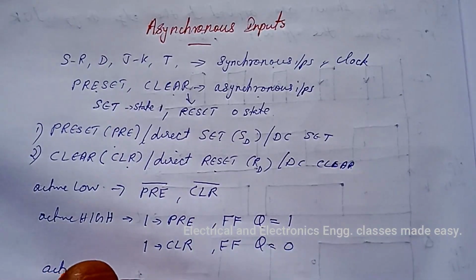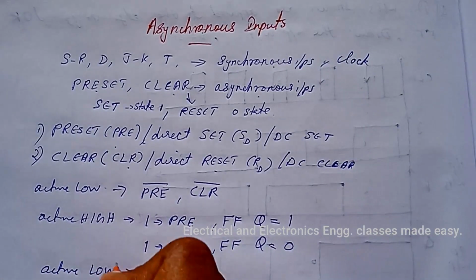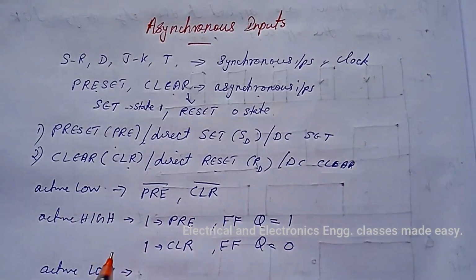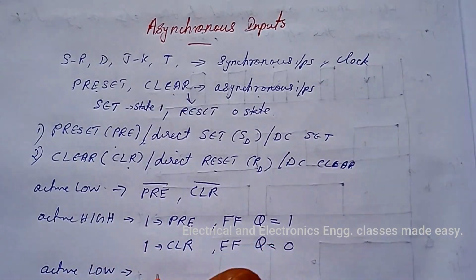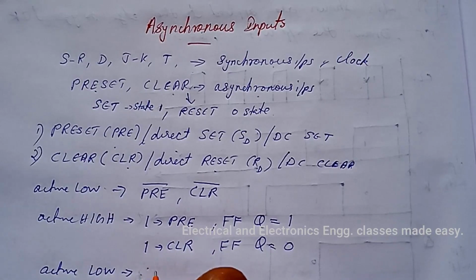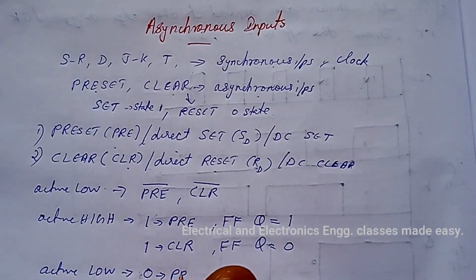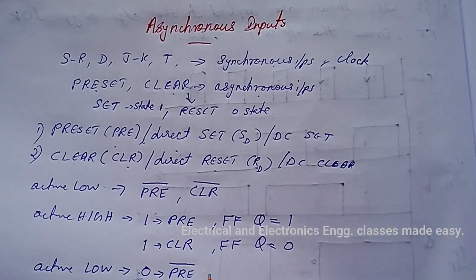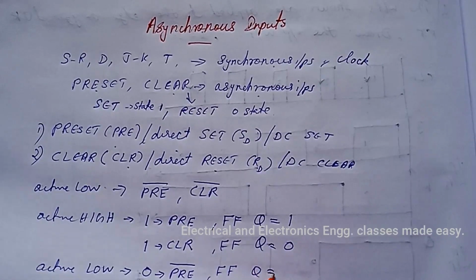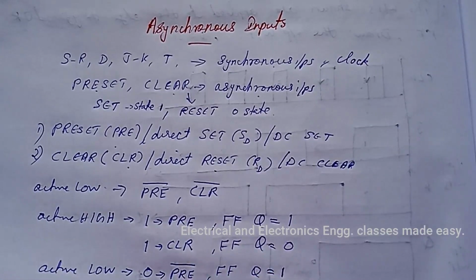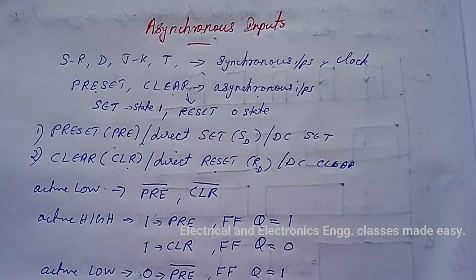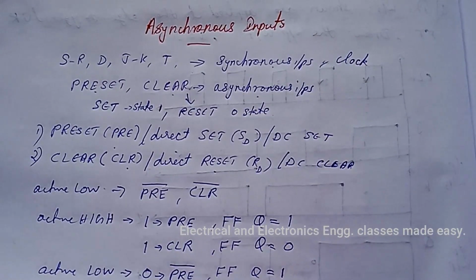And in the case of active low, that is if the asynchronous inputs are active low, so if a constant 0 is applied to preset bar input, then the flip-flop will remain in the 1 state, and a constant 0 to clear bar, then the flip-flop output is 0.